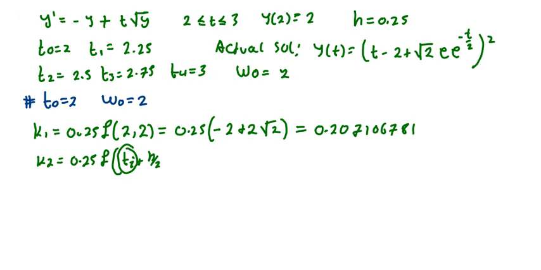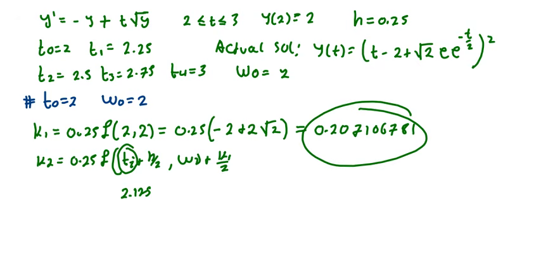We're still dealing with t naught. That's going to be 2.125, comma, we have wi plus k1 divided by 2. So if you divide this value by 2, then add it to this one, you're going to end up with some value. You can try to punch that on your calculator.